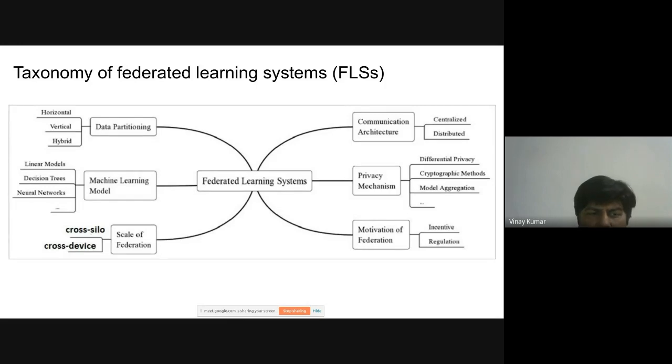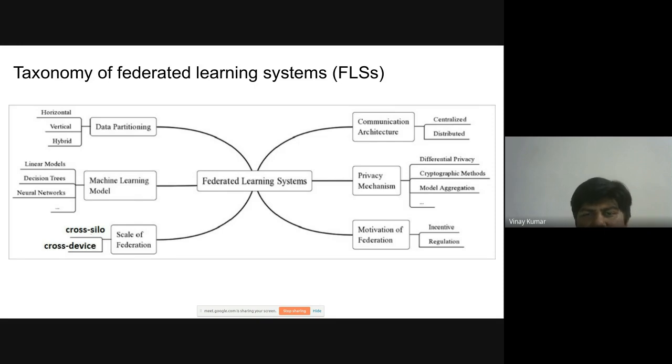Then we have the scale of federation. Federated learning can be categorized into two typical types of scale of federation: cross-silo and cross-device. In cross-silo, the parties are organizations or data centers.